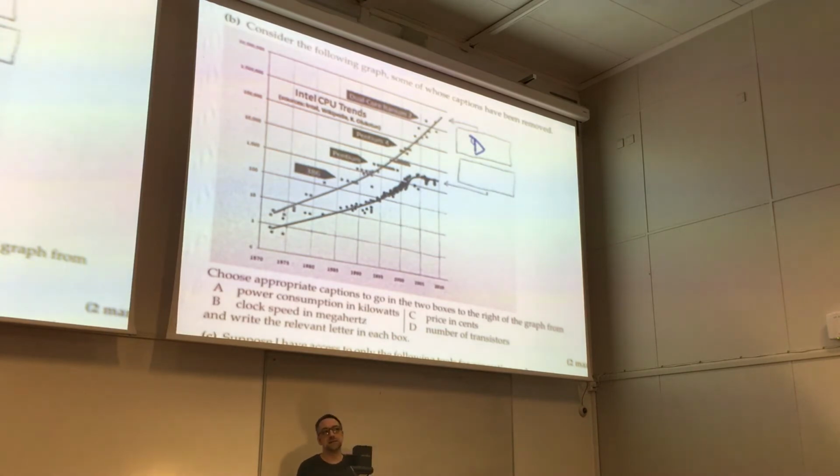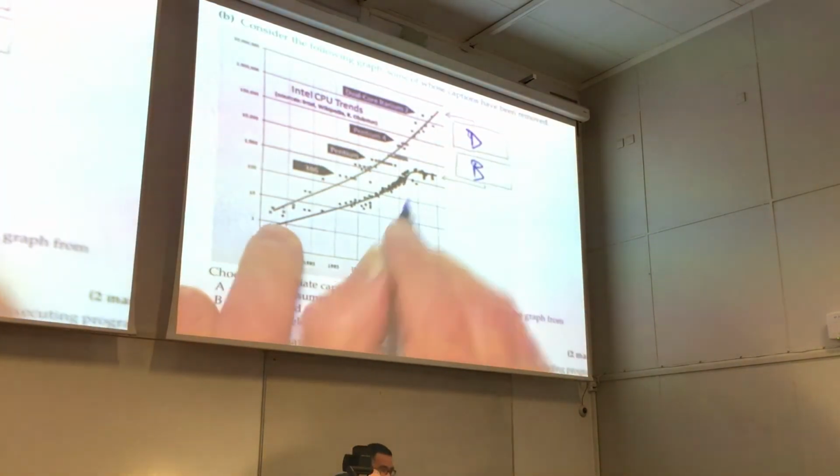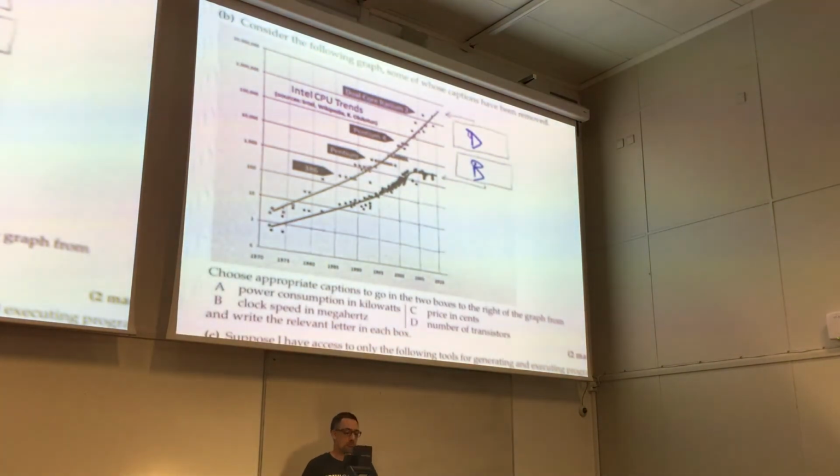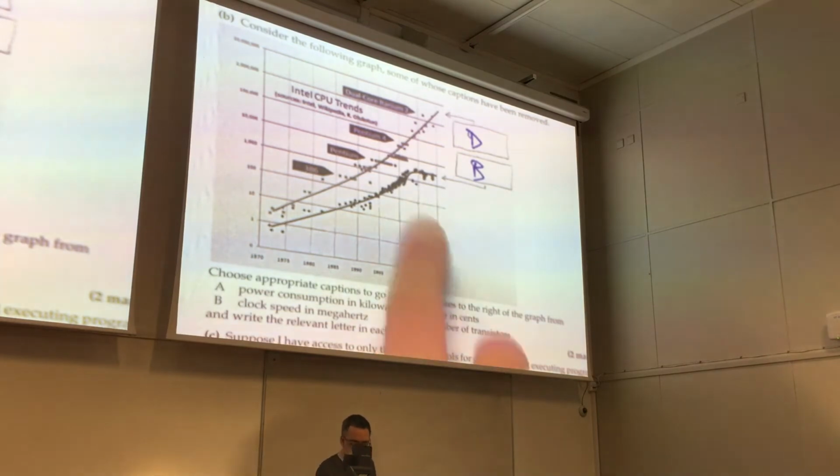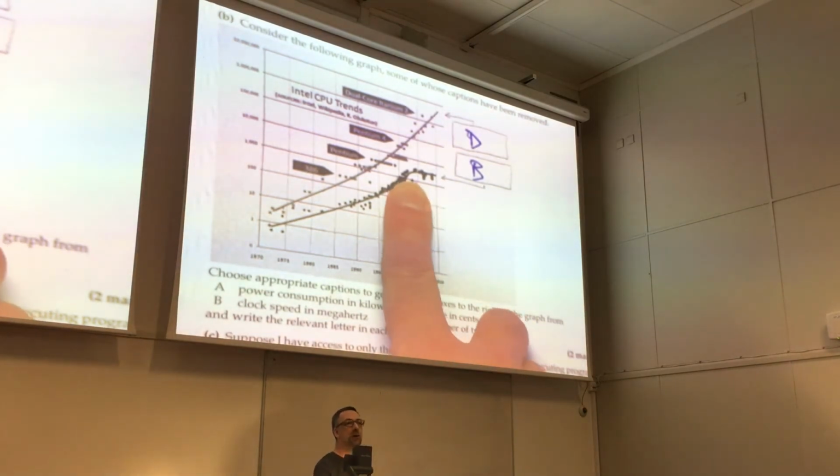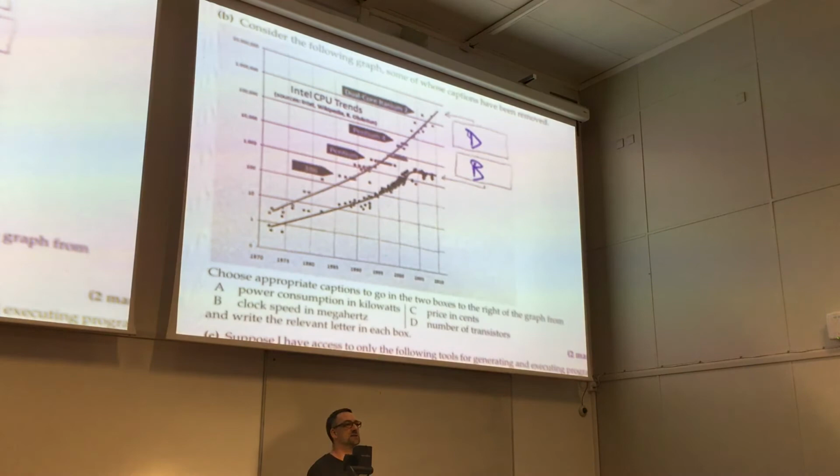So this is clock speed, and it means that we are faced with a new puzzle to solve as computer scientists.